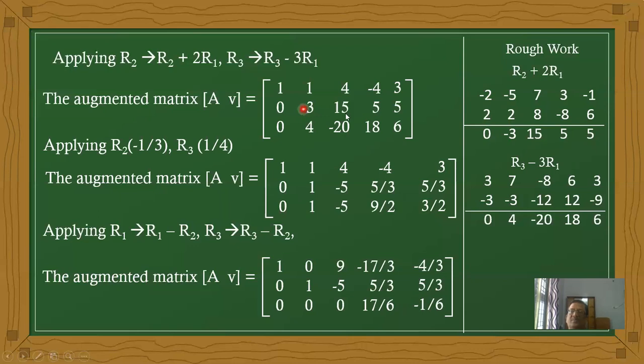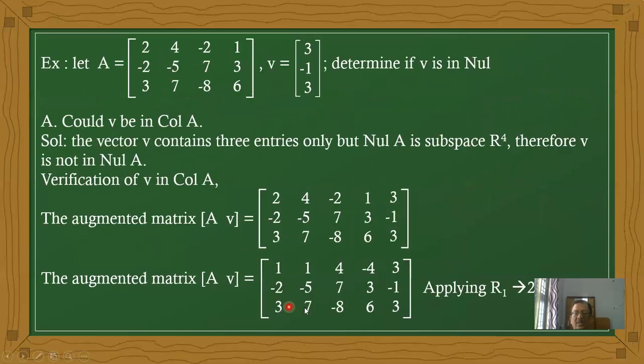Okay. And the next operation, for the third row now. What is the third row operation? R3 minus 3R1 now. What is the R3 value here? 3, 7, minus 8, 6, 3. Multiplying the first row with 3: 3, 3, 12, minus 12, 9.